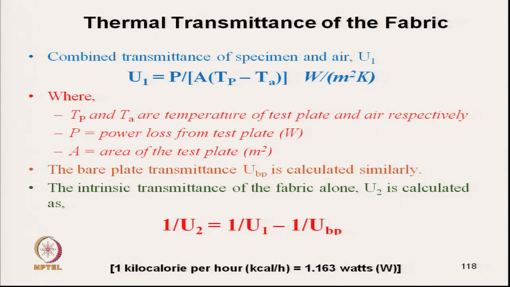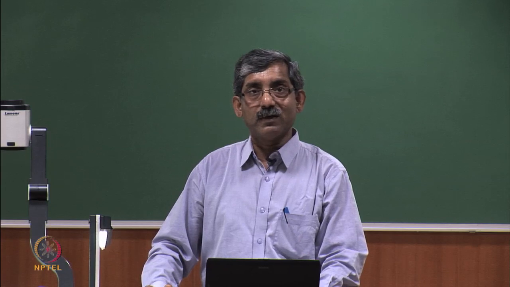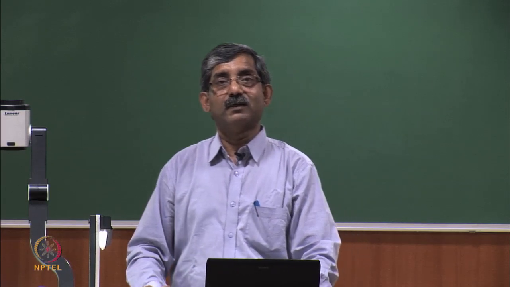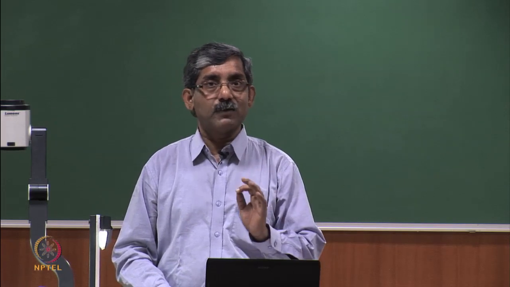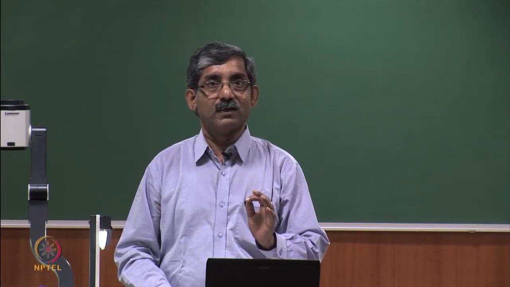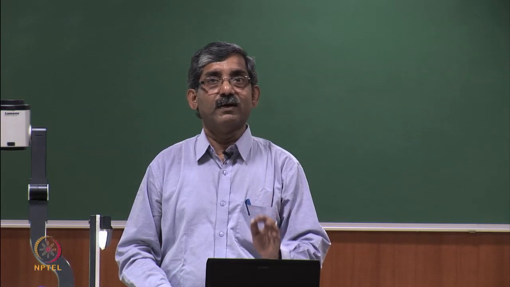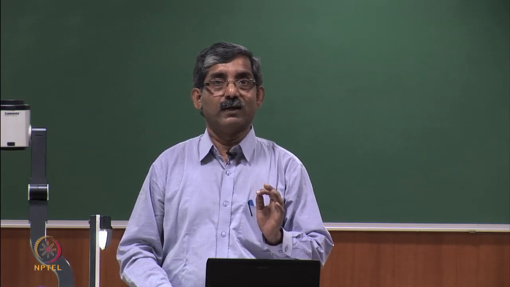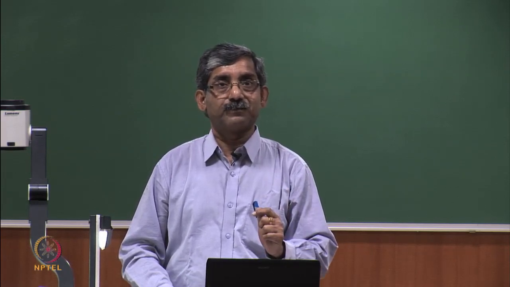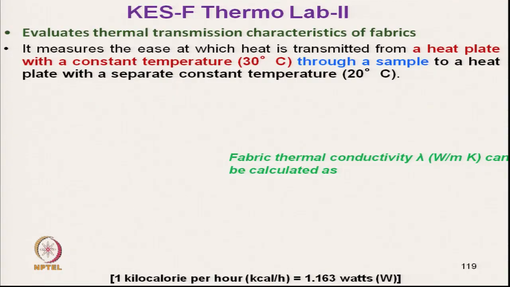So, we have discussed the Togmeter principle, we have discussed the guarded hot plate principle, and another principle we will just discuss, which is KES-F Thermolab. In this system, it evaluates the thermal transmission characteristics of fabric. This is a simple technique.